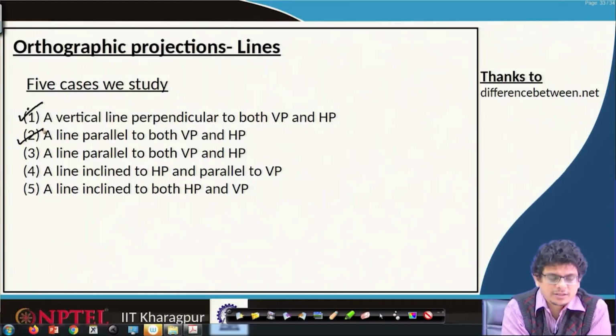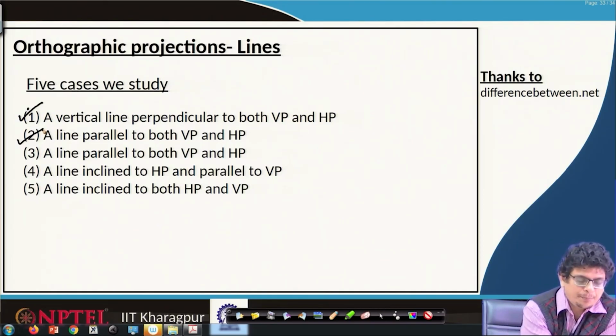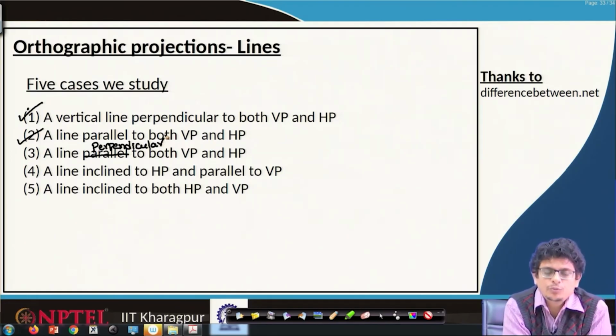Second one, a line parallel to both vertical plane and horizontal plane. The third one is a line parallel to vertical plane, I am sorry, this should be perpendicular, a line perpendicular to both vertical plane and horizontal plane.